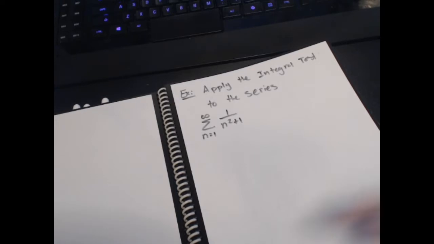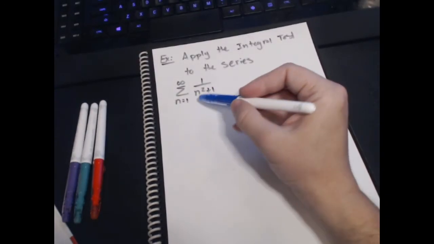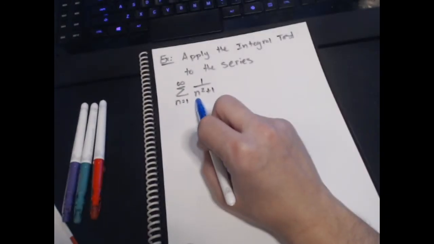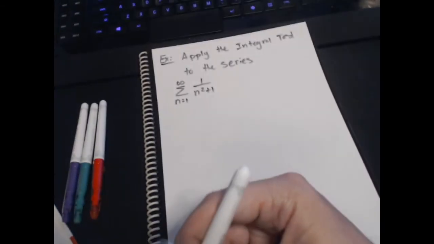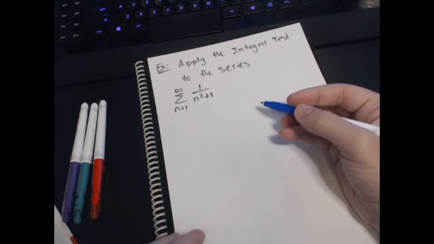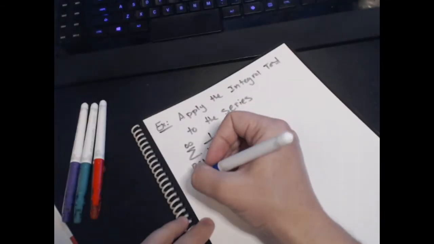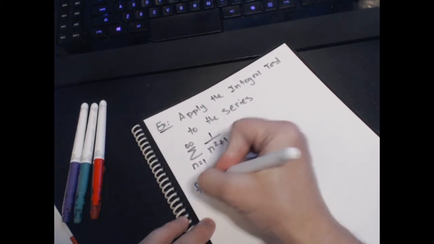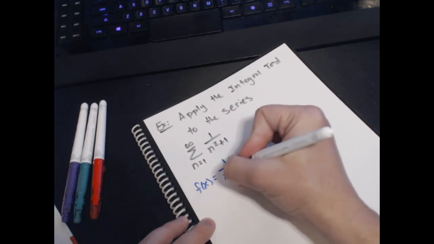If you think about our trig rules from last week and doing integrals of inverse trig functions, this should look familiar because you have a variable squared and what could be considered a squared because 1 squared is just 1. Which means you can determine which function you need to be using. So it might help to label out what f of x is. F of x, or f of n, however you want to write it, is 1 over x squared plus 1 in this case.